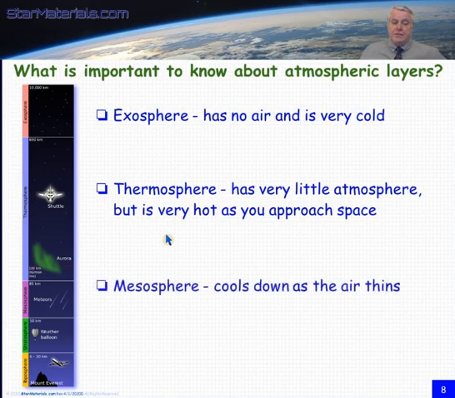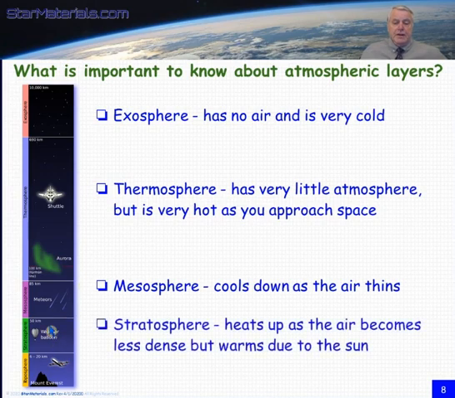The mesosphere. The mesosphere cools down as the air thins out. Remember, most of the air is down here in the troposphere. So as you go up, the air cools down again. The stratosphere.